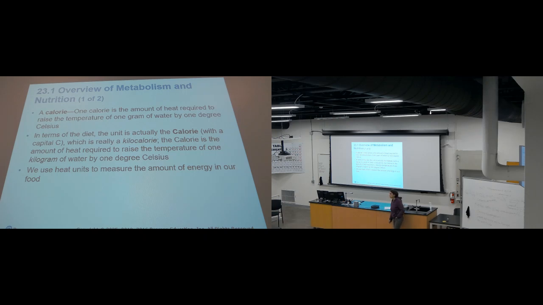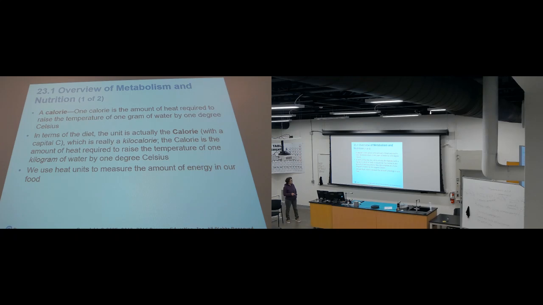So 1 calorie is defined as the amount of energy or heat required to raise 1 gram of water by 1 degree Celsius. In terms of diet, we have Calorie written with a capital C, which means 1,000 calories, so it's a kilocalorie.